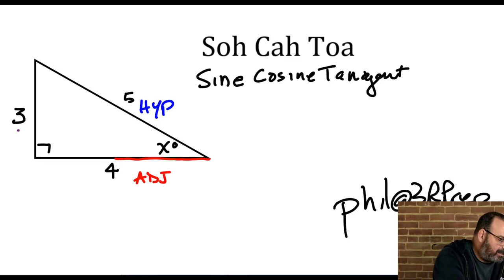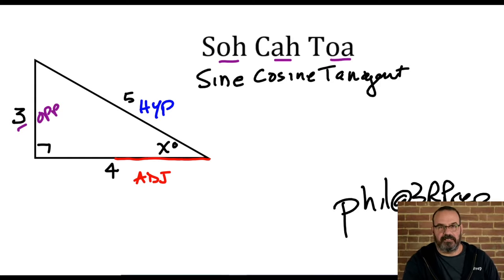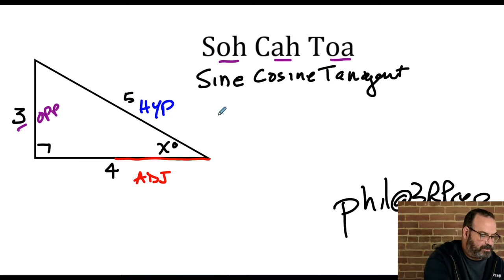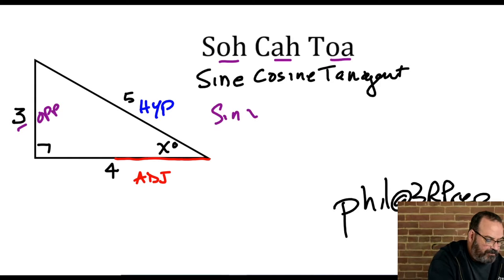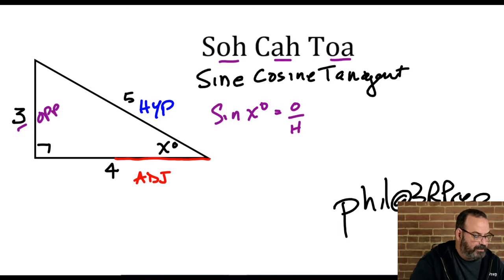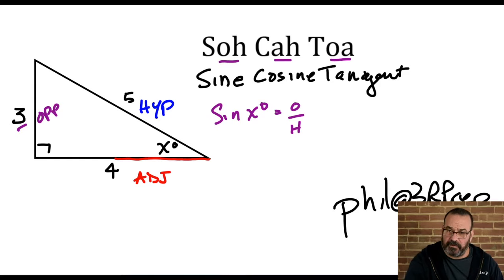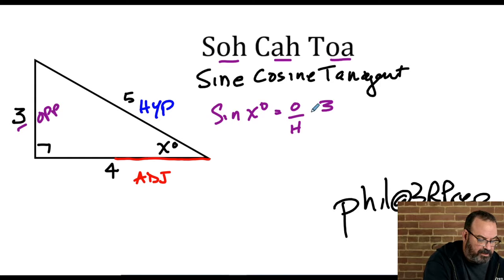And lastly, there is the opposite side. And that's what the OTA is: opposite over hypotenuse. So sine of x degrees is equal to the opposite over the hypotenuse. I drew the famous 3, 4, 5 triangle. You should absolutely pay attention to it. The ACT and the SAT love the 3, 4, 5. The opposite of x degrees is side length 3, and the hypotenuse is 5.